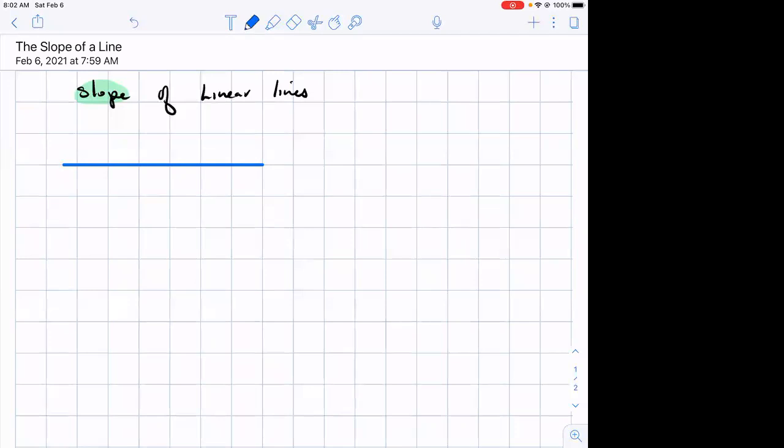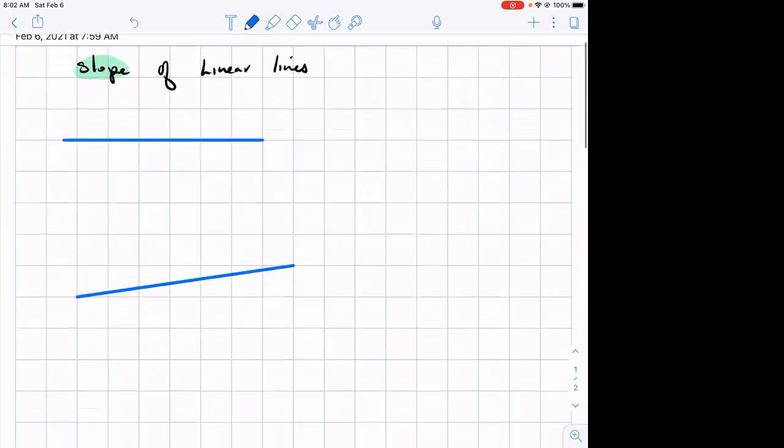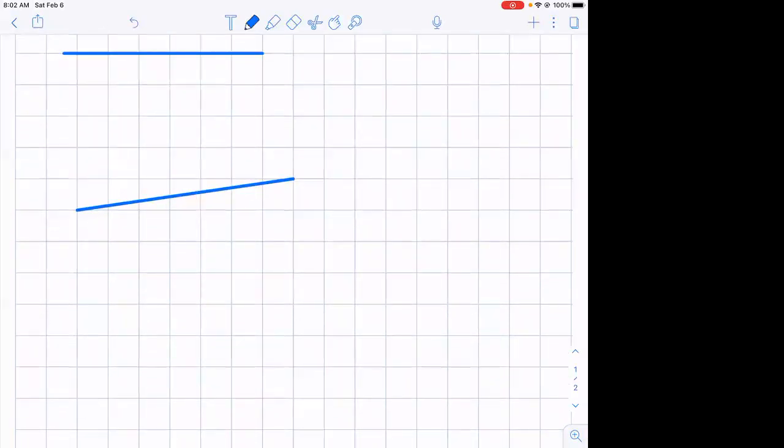If I look at this line here, we say that that line is a little bit steep. If I look at this line here, this line we can say is more steep.